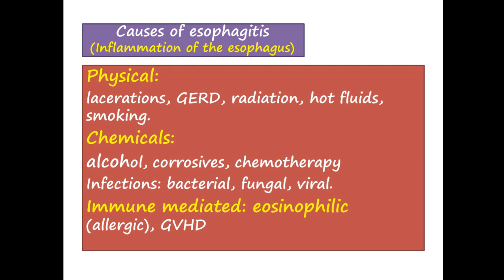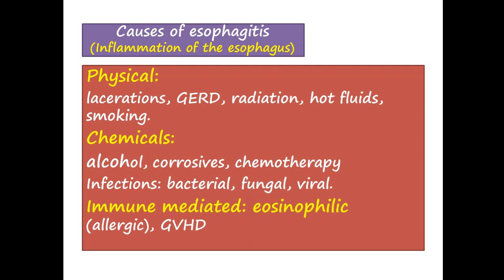Esophagitis may also be associated with an immune-mediated condition known as eosinophilic esophagitis. And whenever we talk about eosinophils, which is one of the three major granulocytes, the other two are neutrophils and basophils.